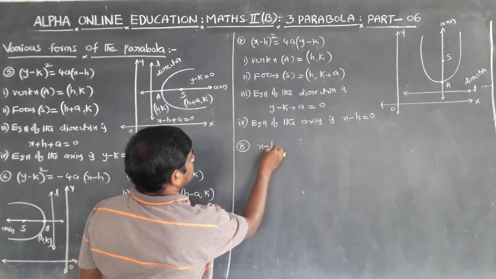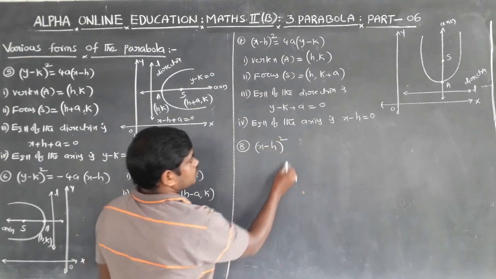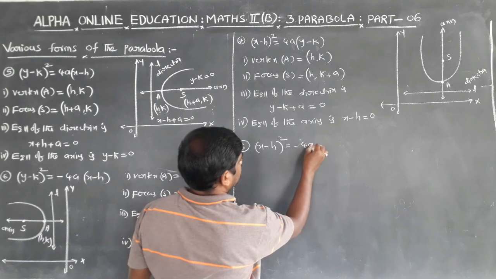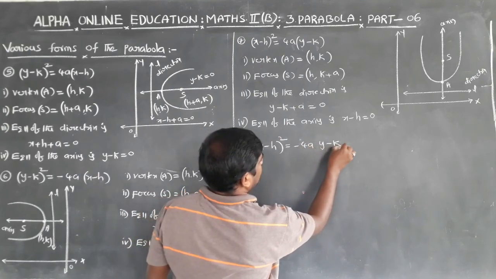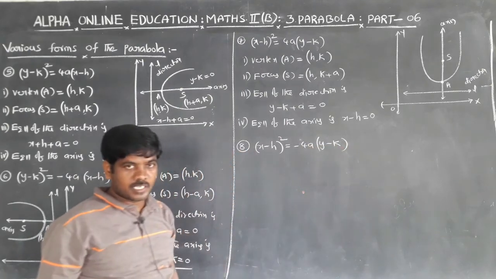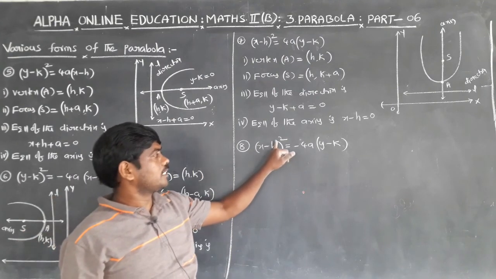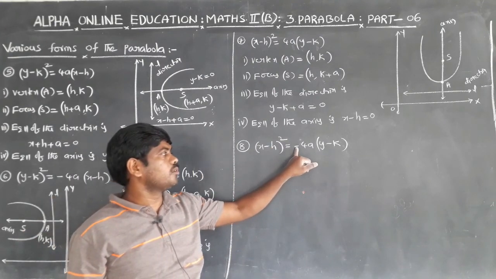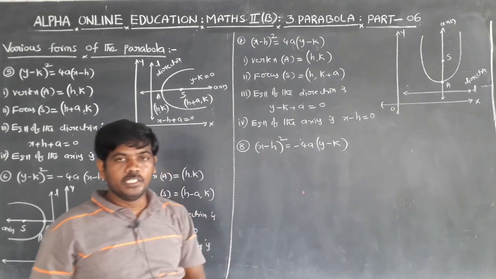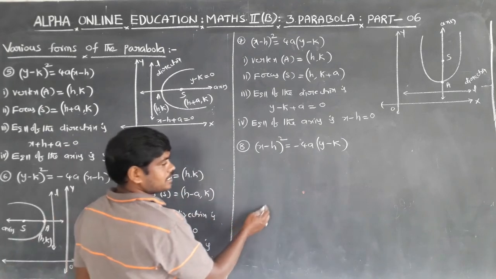Eighth one is x minus h whole square is equal to minus 4a into y minus k.